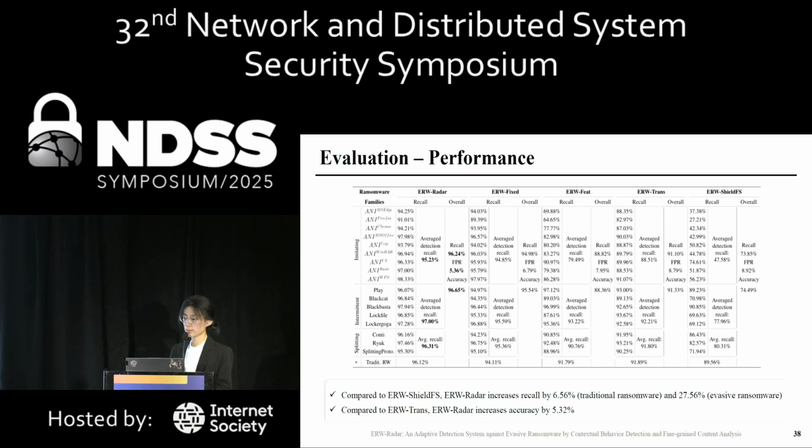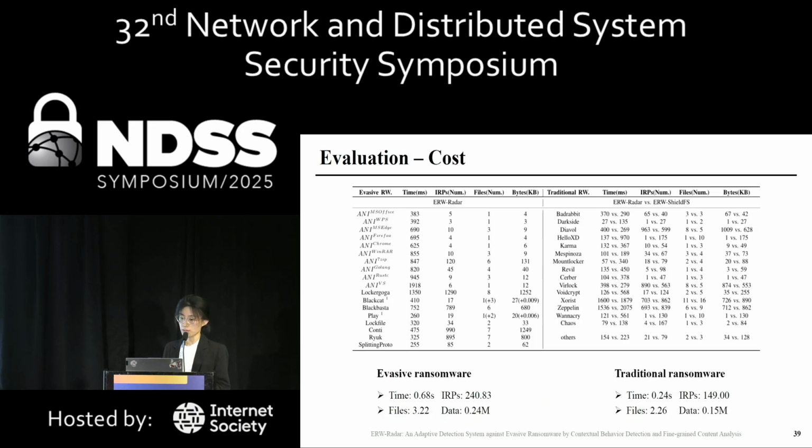Compared to ERW-Radar with the original transformer architecture, it increases accuracy by more than 5%. We also list the detailed cost of detection, including detection time and file data loss.